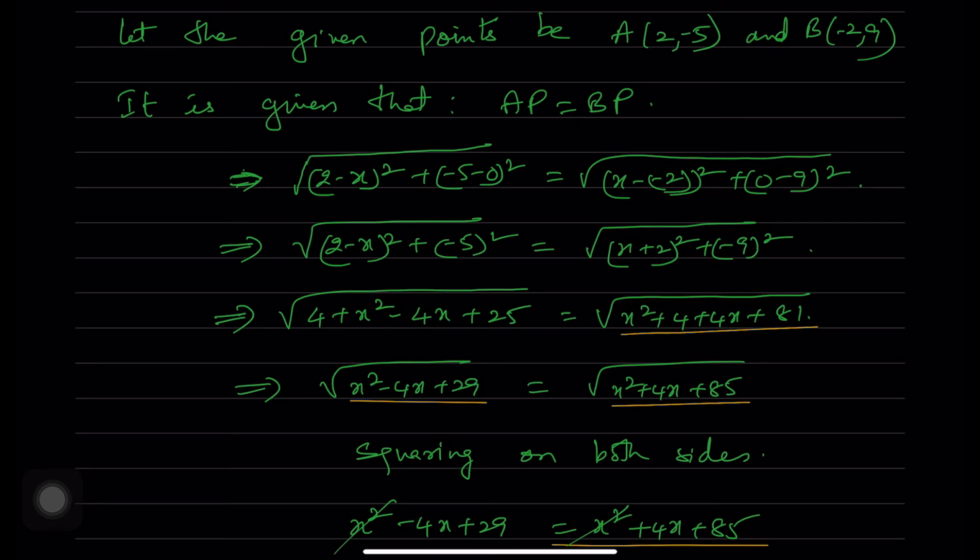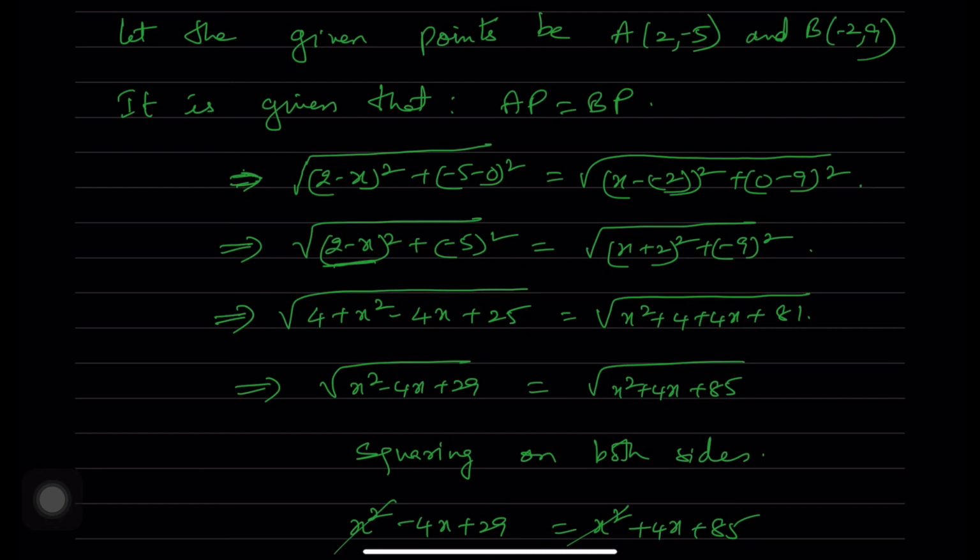So now we are expanding this. (2 minus x) whole square, we are using the (a minus b) whole square formula. So it becomes 4 plus x square minus 4x plus 25, which is equal to the square root of x square plus 4 plus 4x plus 81. So now x square minus 4x plus 29, you are adding the constant terms, here also you are adding the constant terms.